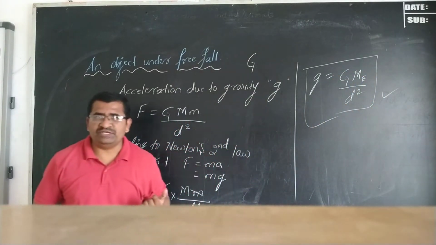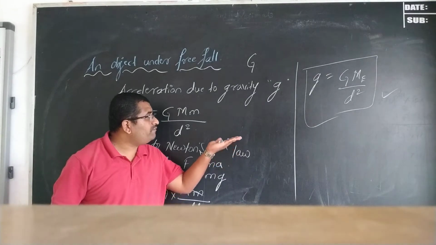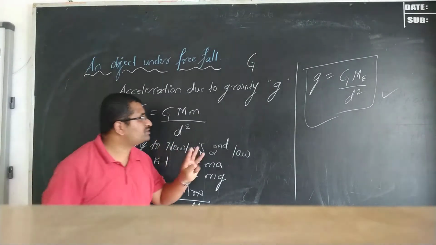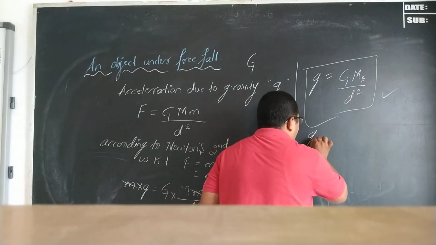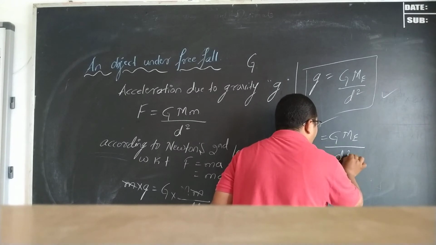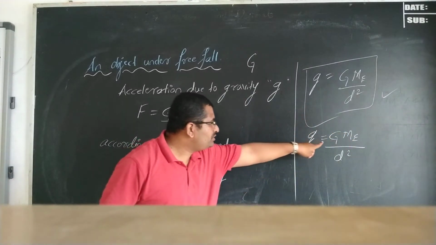From this expression we get two conclusions. The expression is g = GMe/d². Already I told you G is a constant.